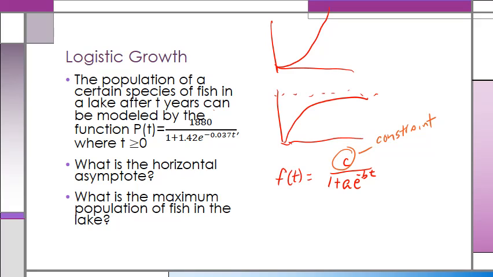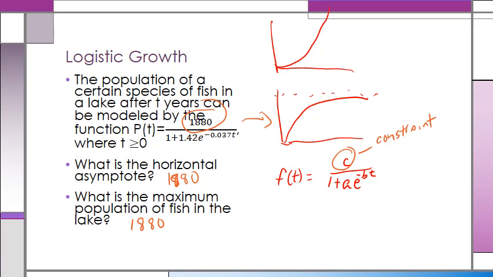Now this 1880, in answer to these first two questions: what's the horizontal asymptote? The graph of this function is going to look something like that. Well, the horizontal asymptote is going to be at 1880. It's not going to exceed that level, which is also the answer to the second question: what's the maximum population of fish in the lake?